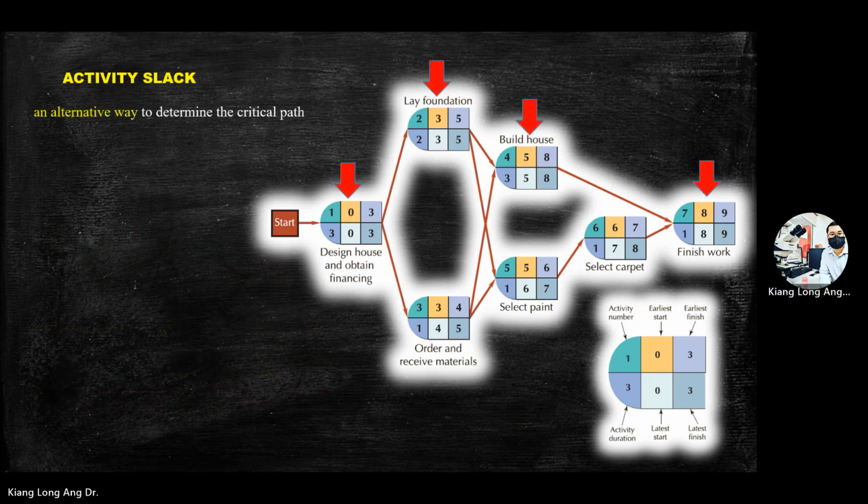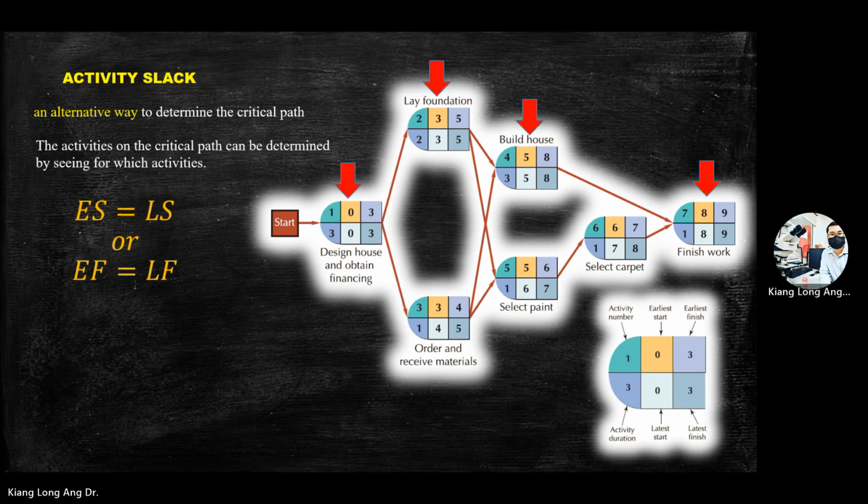Okay. So earlier, in method 1, you calculate the longest time. Now when you learn these six boxes, you look at the ES and LS, and you know that is the critical path activities. Or you can look at EF and LF; EF equal to LF, same. There are two ways: one you calculate, one you use the boxes.